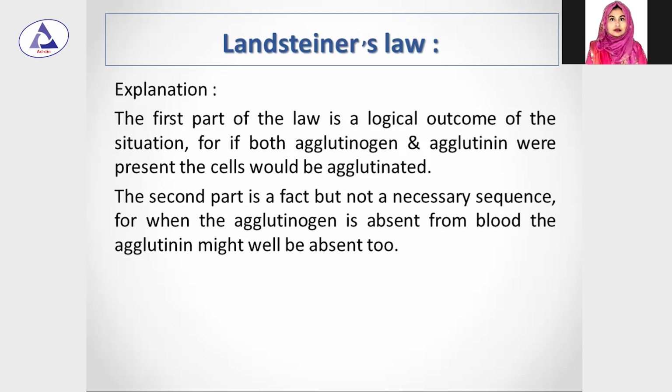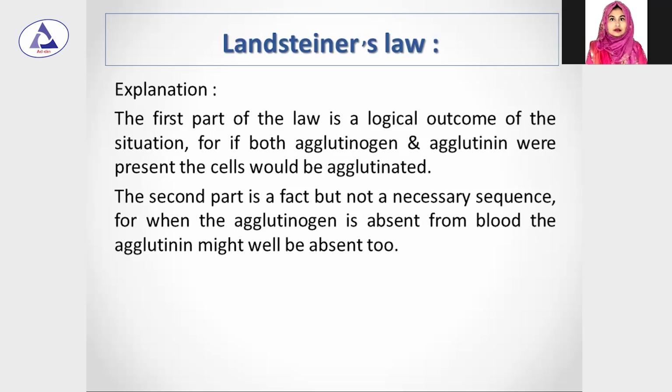And if we see the major three blood groups, we have already said that there are three types of blood group: ABO blood group, Rh or rhesus blood group, and MN blood group. Only the ABO blood group is said to be the classical blood group. Why is it classical?